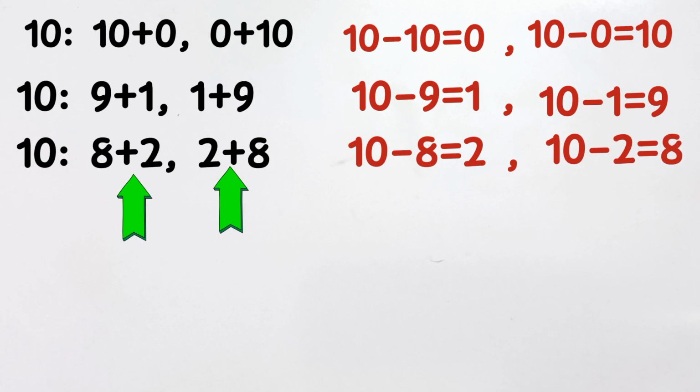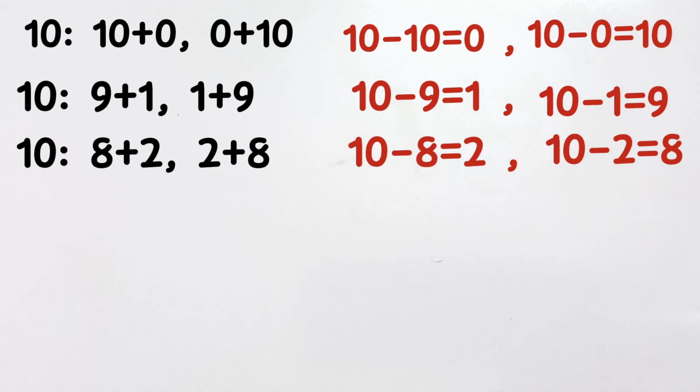Knowing that 8 and 2 are an addition pair means we also know that 10 minus 8 equals 2 and 10 minus 2 equals 8.